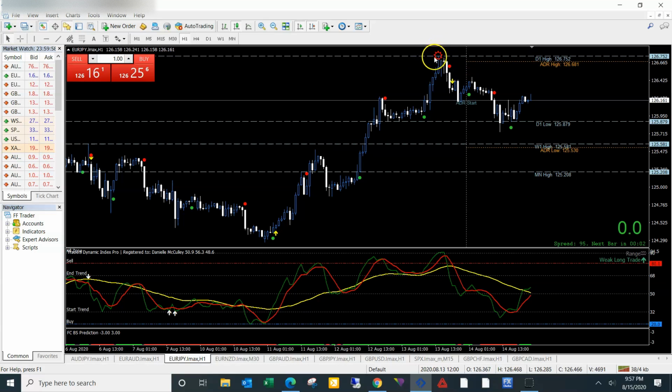You're looking for this reversal signal followed by one of the QMP filters, which is the little dots. And then I like to use the TDI Pro because this was a good confirmation for the sale. You have the RSI price line way above 80.